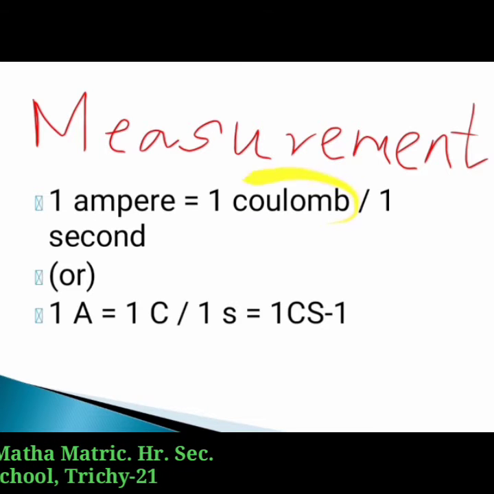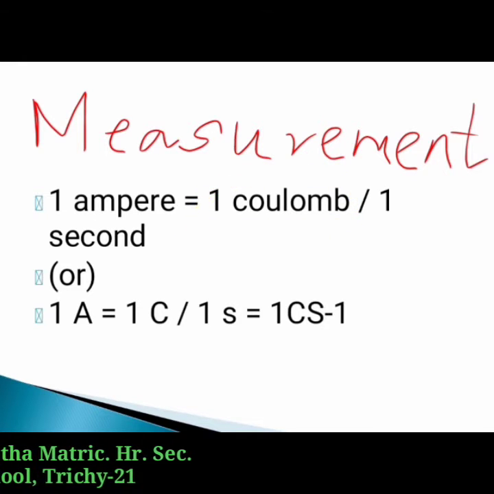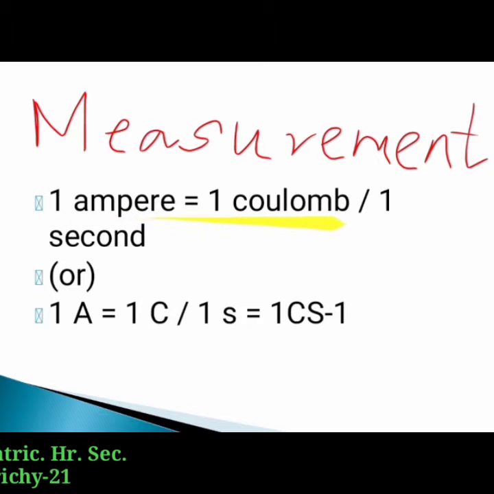So here the charge is 1 coulomb and the time is 1 second, so it is 1 ampere. So 1 ampere is equal to 1 coulomb by 1 second, or 1 A is equal to 1 C per 1 second.